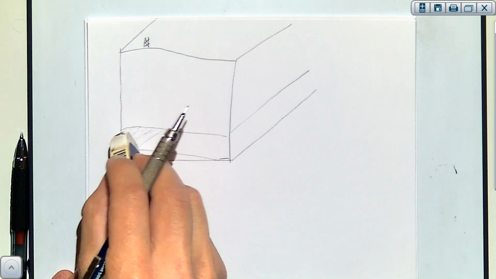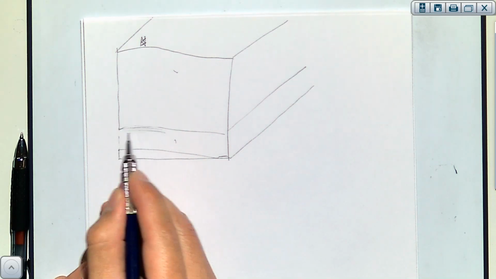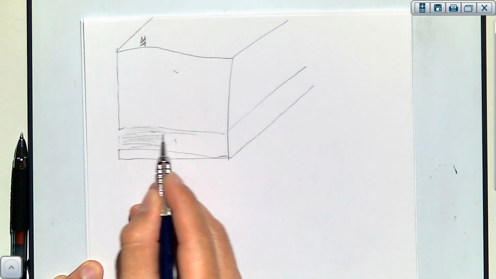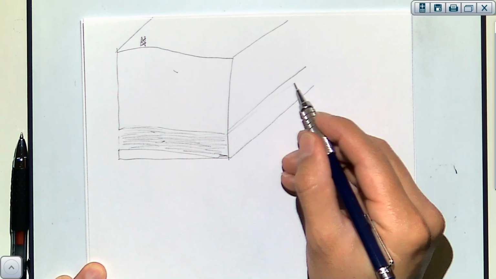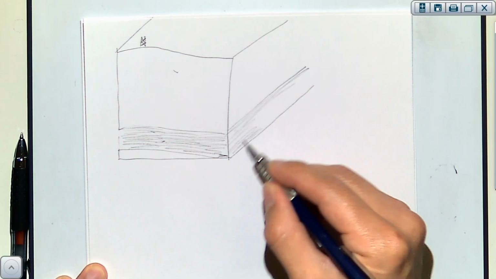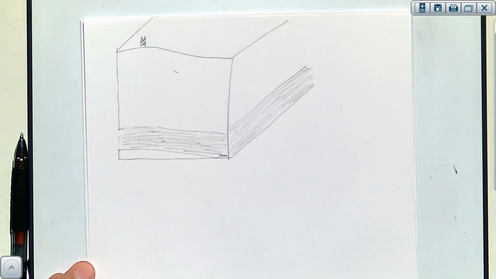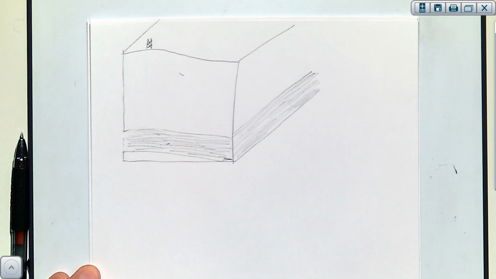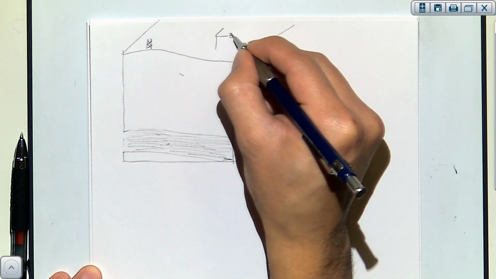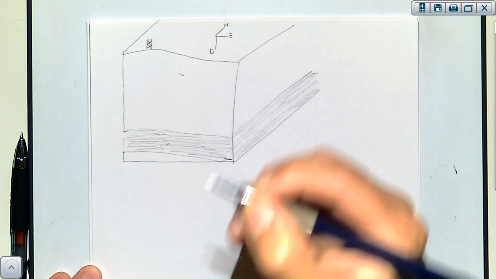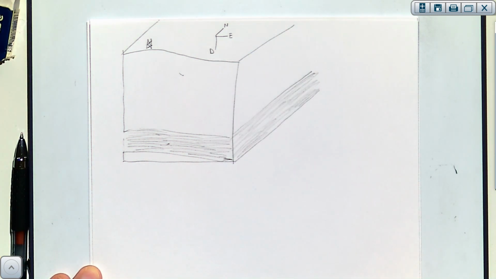Now let me put the shading in the other direction. Okay, so let's add to this a coordinate system. Let's add to the condition.